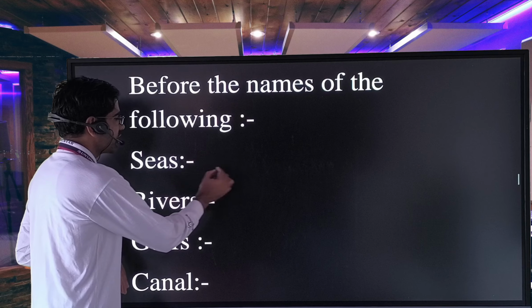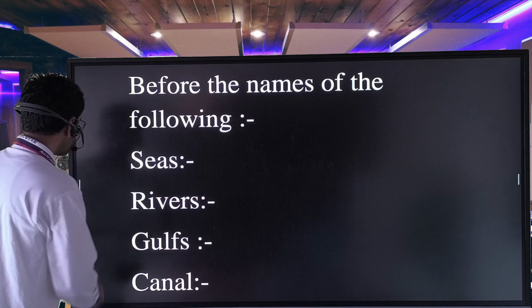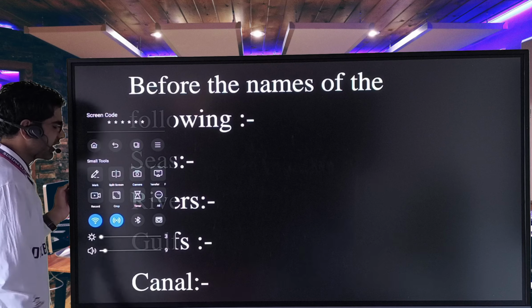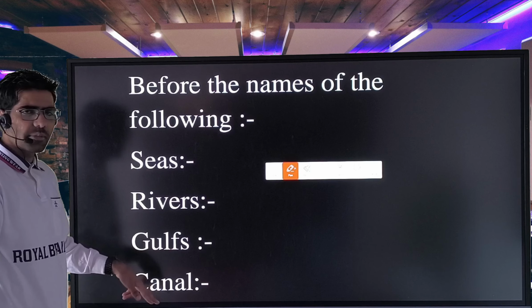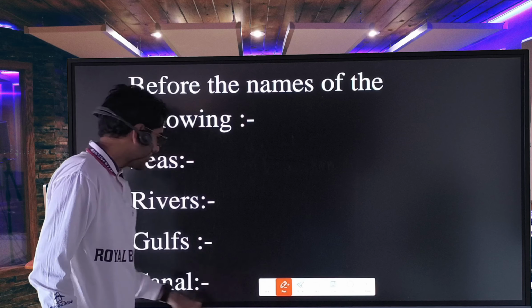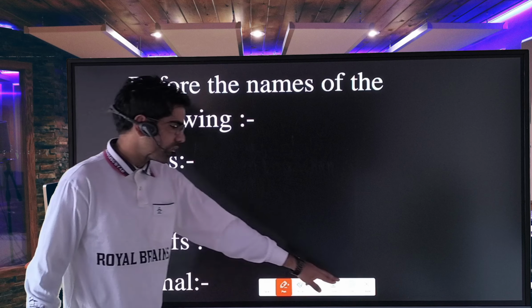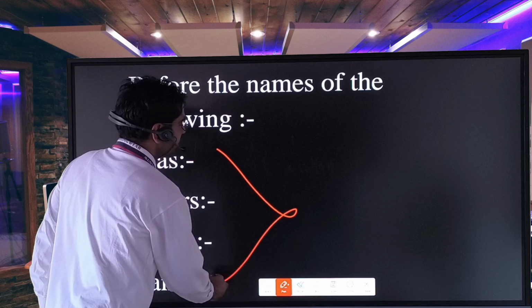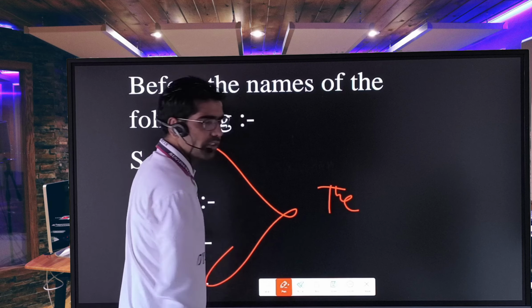For example, we say the Red Sea, you know that. रिवर्स की बात करेंगे, गल्फ्स की बात करेंगे, the Persian Gulf या the Suez Canal, इनकी बात करेंगे तो इनके साथ आपको, dear student, हमेशा आर्टिकल the ही यूज करना है। ठीक है डियर स्टूडेंट?